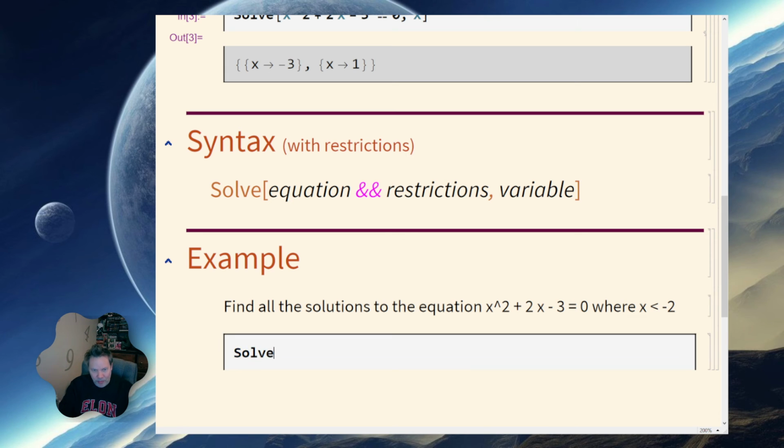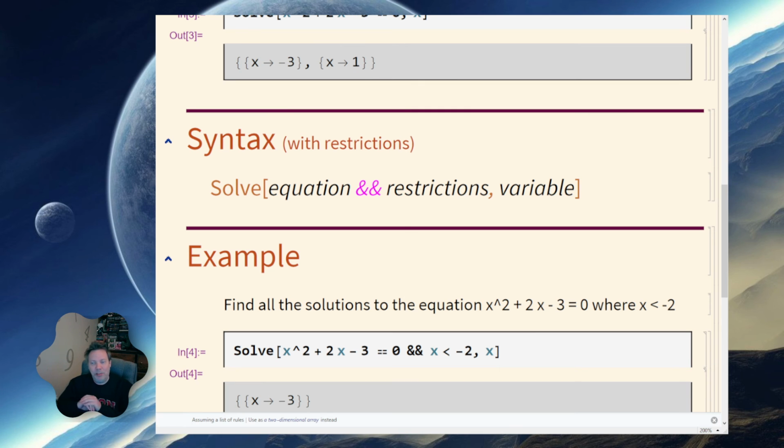So I'm going to do the same thing I did before, x squared plus 2x minus 3, double equals 0, and then I'm going to add in a double ampersand and put in my condition, x is less than -2. I still need to put my variable at the end of this.